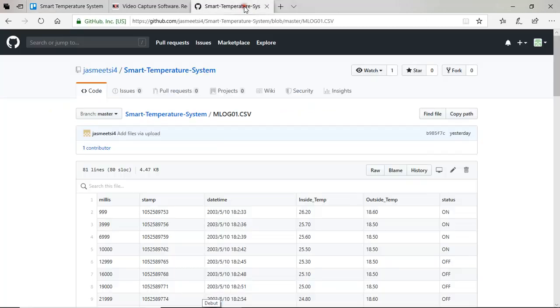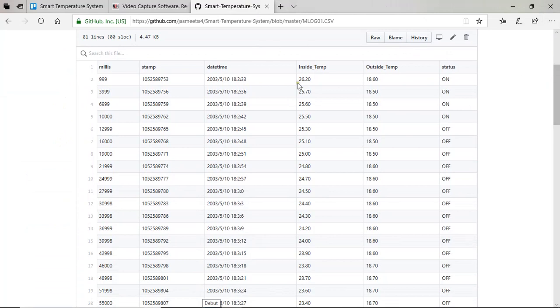Here is the data that we collected. This is the inside temperature, and this one is the outside temperature. Here, the status of the LED is on in these four readings, because the inside temperature is more than 25: 25.50, 60, and here 26.